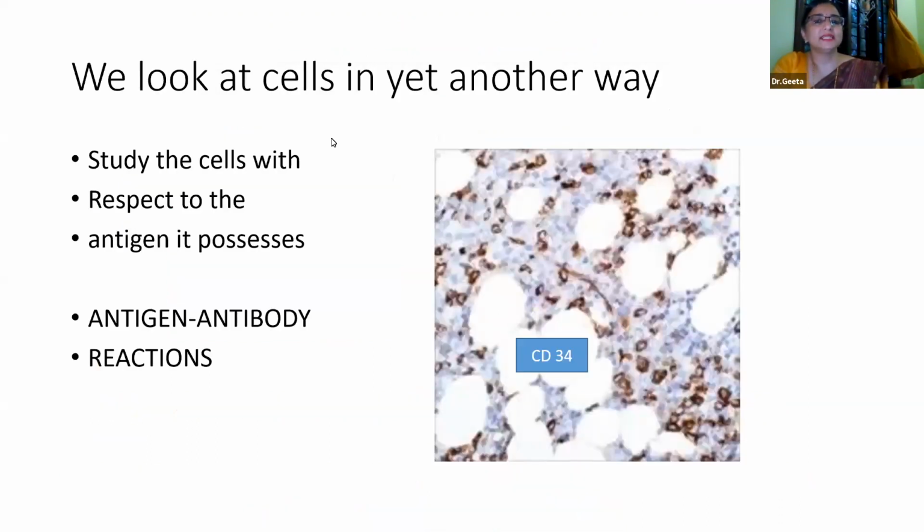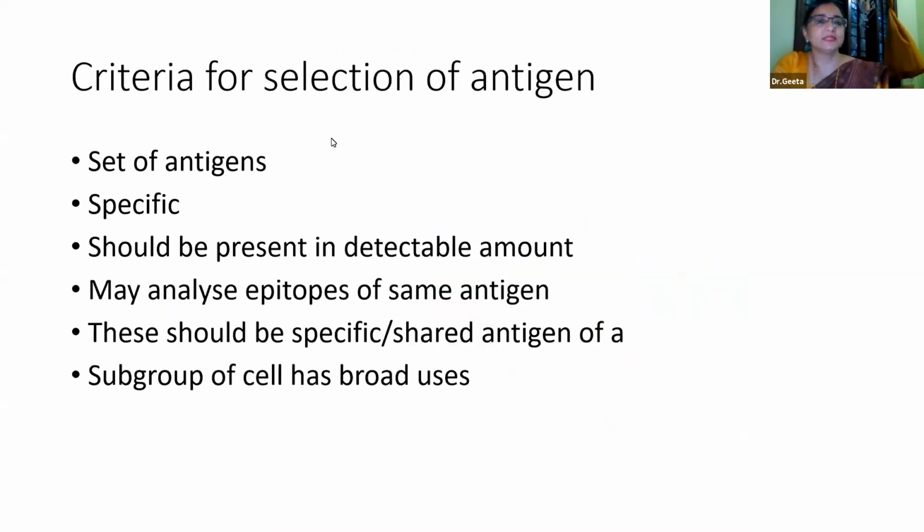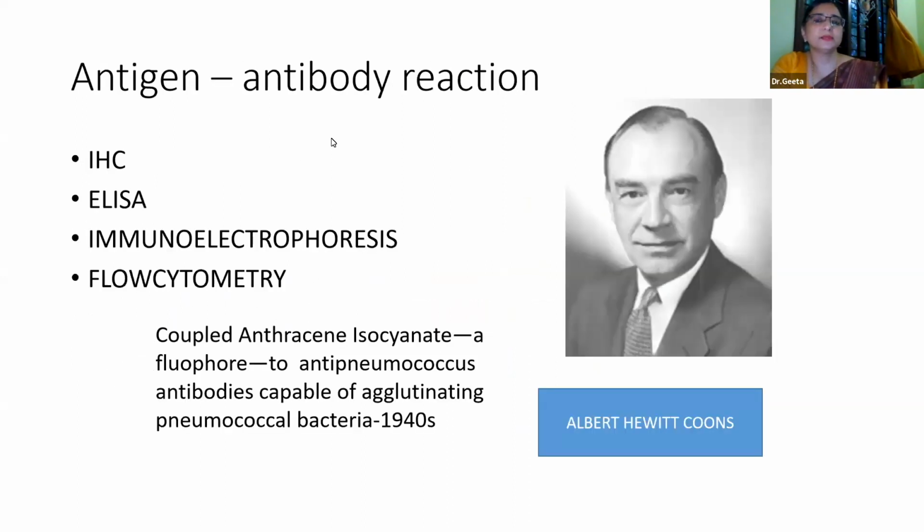Now, as we study cells, as I said, IHC is based on antigen and antibody reaction. So, just a minute to remember this gentleman, Albert Hewitt Coons, who first did his study on antibodies when he was doing his work on pneumococcal bacteria in the 1940s.